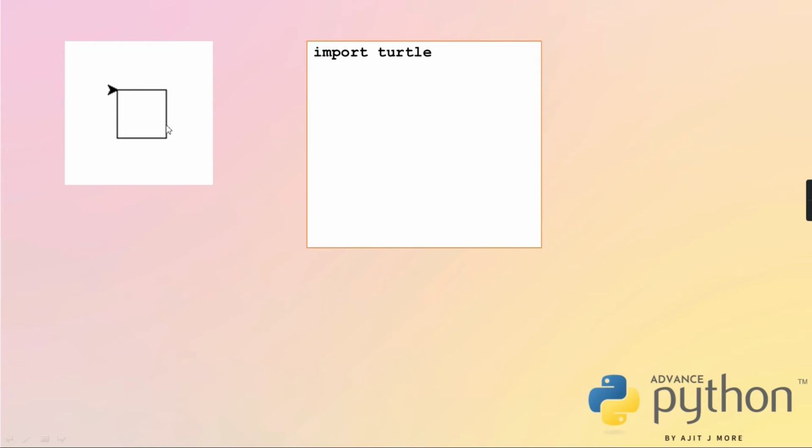So I'll import, create the screen, then create the turtle, and in a loop 4 times I'm telling forward and then move right direction 90. Again I'm saying forward and move right direction 90, because that time its face is this side, no?